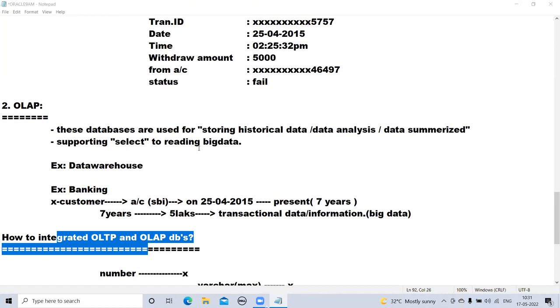I said one point here: the SQL language commands like DDL, DML, TCL, DCL are common. Those common queries we can use in both Oracle and SQL Server. But further, if you go to other concepts, there are a lot of syntactical differences.